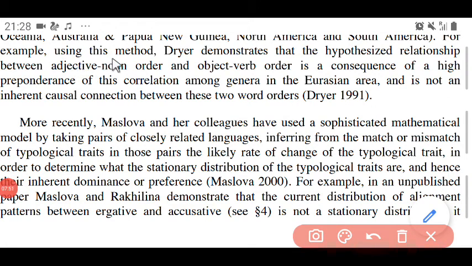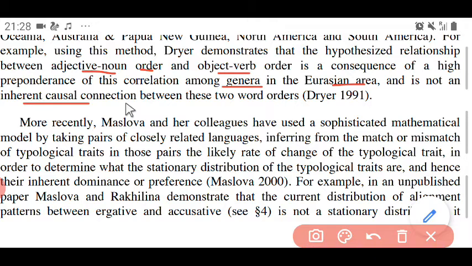For example, using this method, Dreyer demonstrates that the hypothesized relationship between adjective noun order and object verb order is a consequence of a high preponderance of this correlation among genera in the Eurasian area and is not an inherent causal connection.